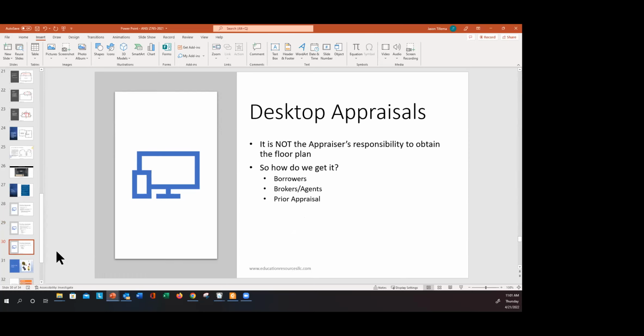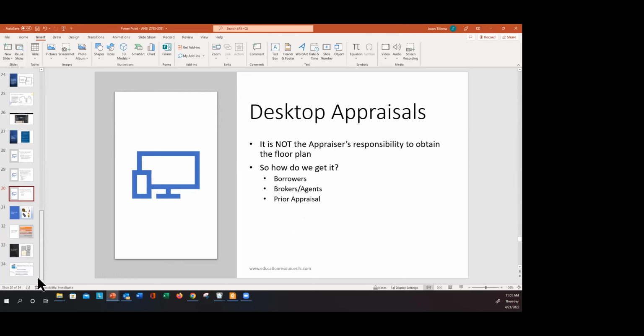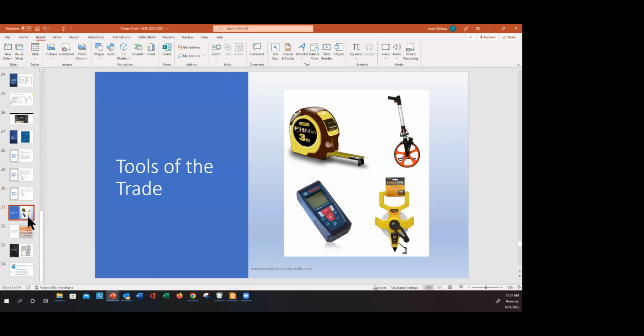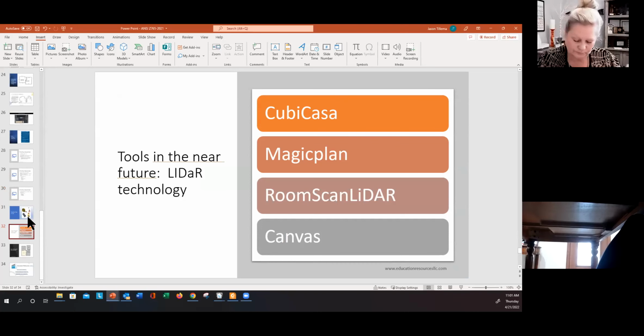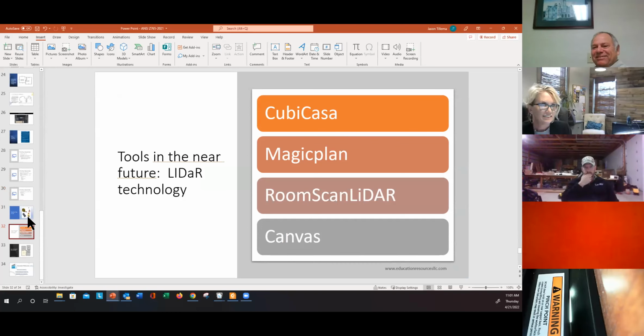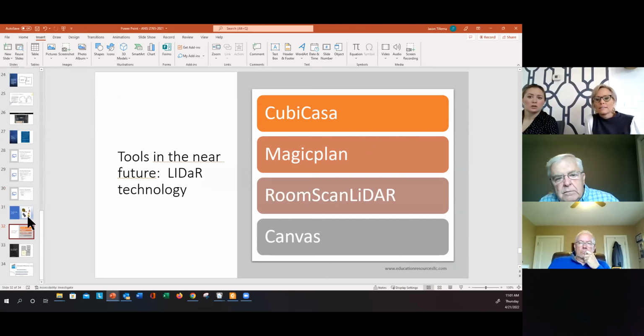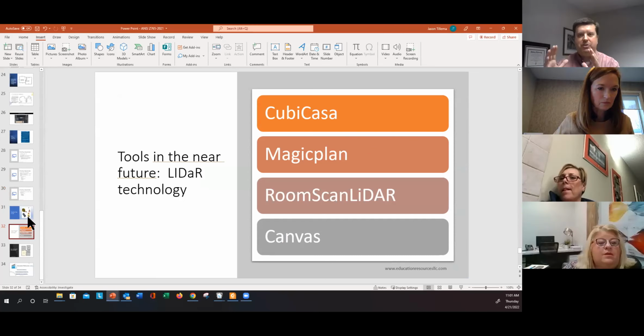One of the ways that's coming up, currently these are the tools of the trade when you're measuring a home. Tools in the near future are going to use LiDAR technology. Anybody here know what LiDAR technology is? Bob knows because he was in class a couple weeks ago, but LiDAR is actually really cool.